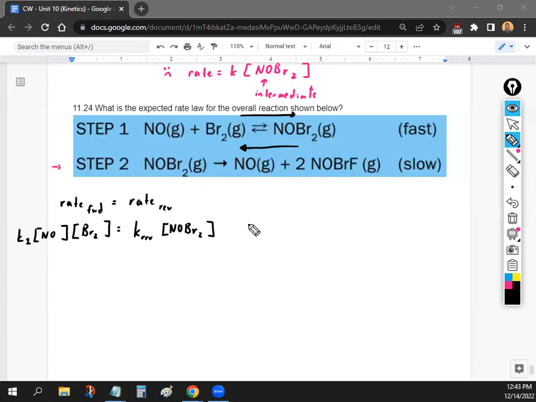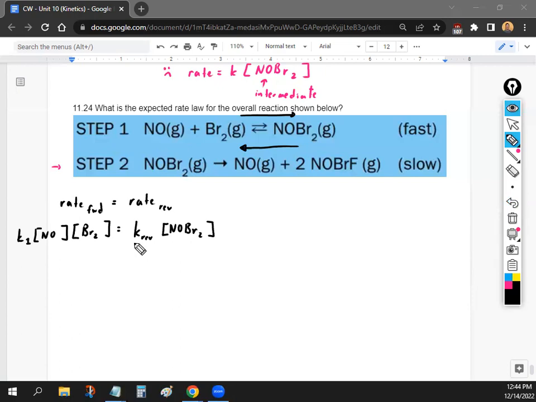Okay, so now what we have to do is rearrange these variables in order to figure out what the integrated rate law is. The problem with this rate law is that it's dependent on the concentration of the intermediate, right? But we don't know the concentration of the intermediate, so we have to mathematically calculate it. You should notice that this is the same variable as this, so we're just going to isolate this variable and then plug it in for this value right here. It's just a basic substitution algebra thing.